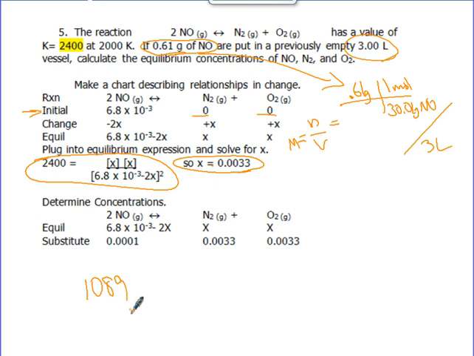1,089. You're not really getting close enough, and that's because you're losing sig figs as you do the math. It gets a little ugly there at the end when you have the subtraction, and minus 2x. Yeah, it gets pretty ugly.